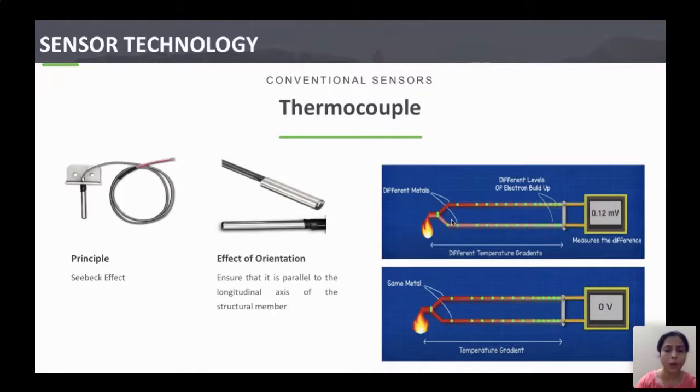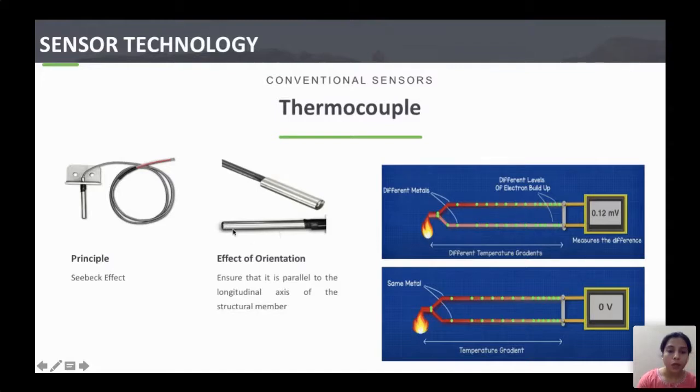Another important point which I would like to make here is how these sensors should be embedded inside the structure. For example, again consider a beam. You have to make sure that the thermocouples are not inclined at any angle. They should reside in one plane.